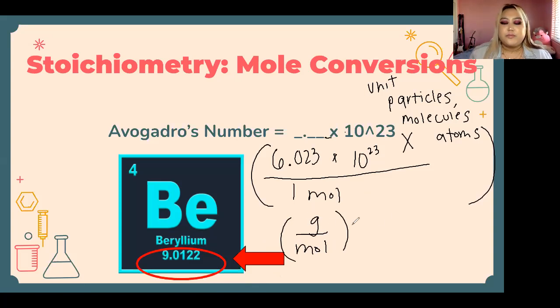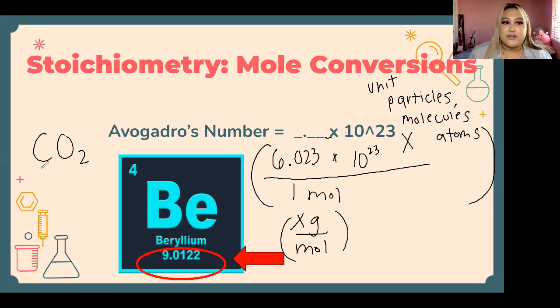So if it's a single element, just like beryllium here, you would just write the atomic mass on the top side. And then if it is a compound, like CO2, you would have to find the molecular weight or the molar mass.